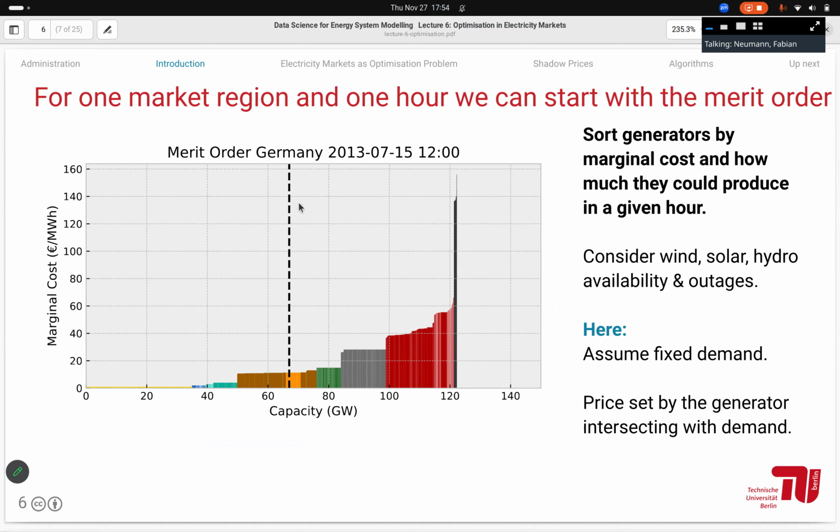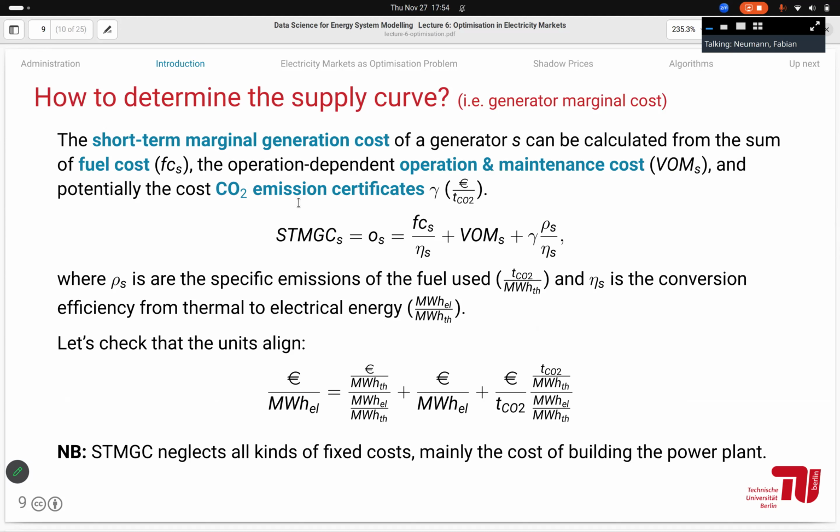Well, we have to calculate the short-term marginal generation cost. Short-term because it's marginal, it's a generation cost that doesn't consider any of the investment costs of the unit. So in the long term, your marginal generation cost is maybe a bit higher because you need to finance your investments.